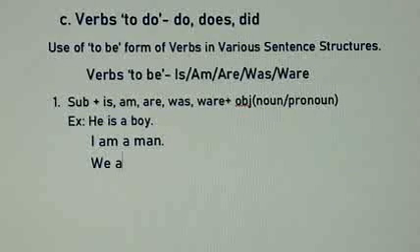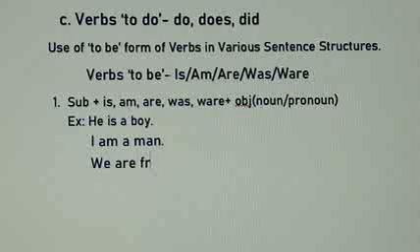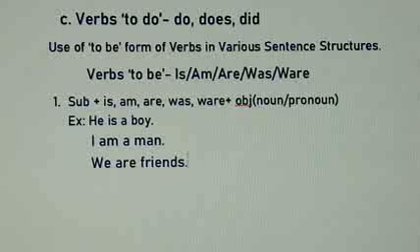We are friends. We are friends. Dear children, in this example you can see that the subject is we. We means what? More than a person. We is indicating a group. In a group there must be more than a person.